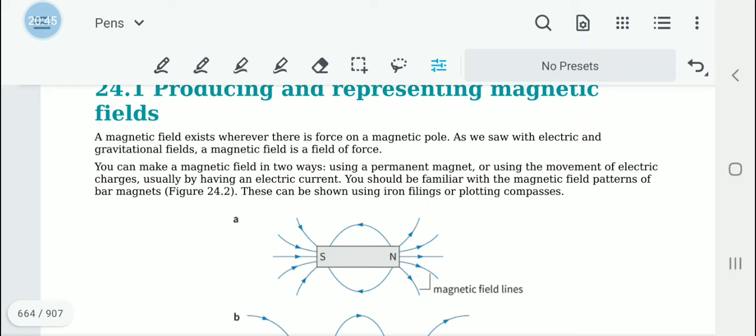However, in non-magnetic materials, the magnetic field effect of one atom is cancelled out by the other.